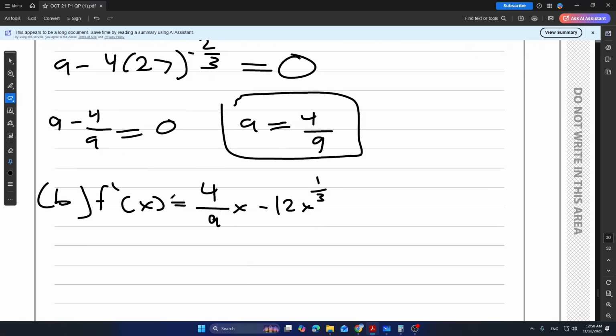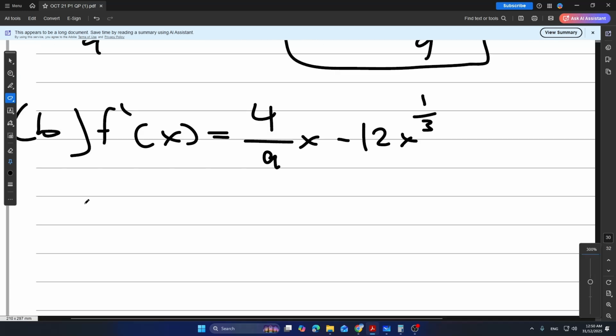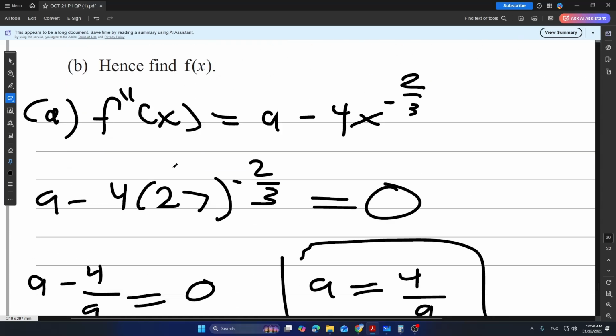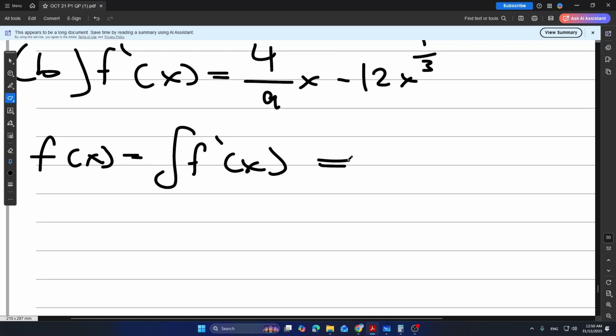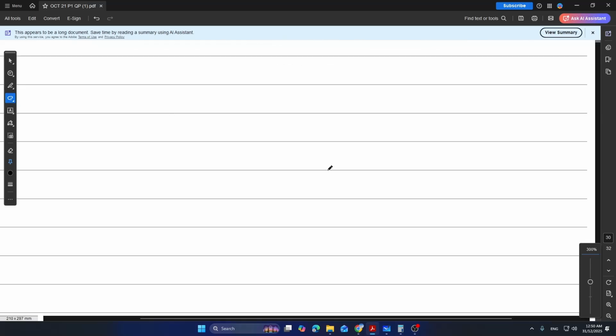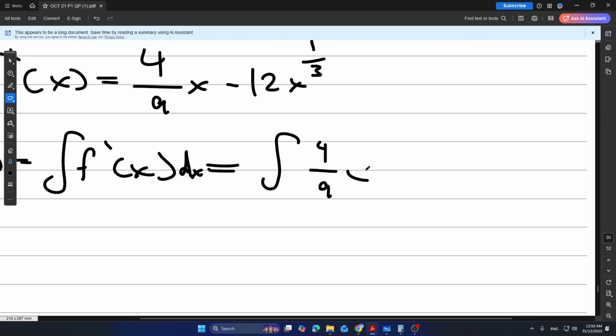Now, to find f of x, f of x is equal to the integral of f dash x, which is the integral, make sure to write dx, of 4 over 9 x minus 12 x power 1 over 3.